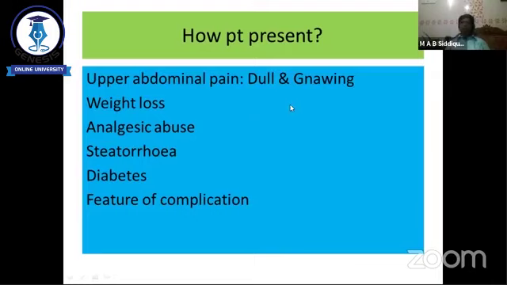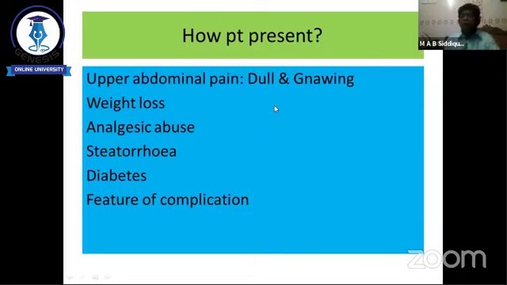Due to pain and other factors, the patient has a history of weight loss, analgesic abuse, and steatorrhea due to loss of exocrine function, affecting the stool. The patient also has a picture of diabetes and of complications.